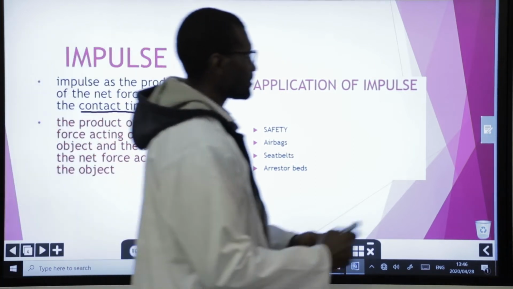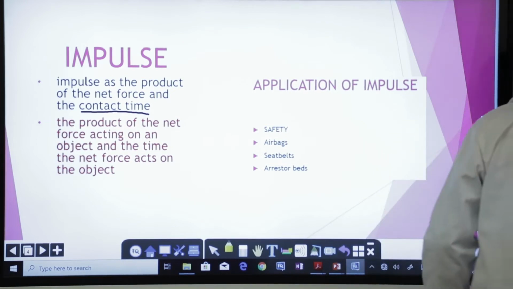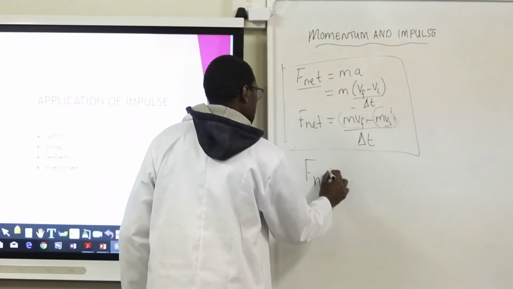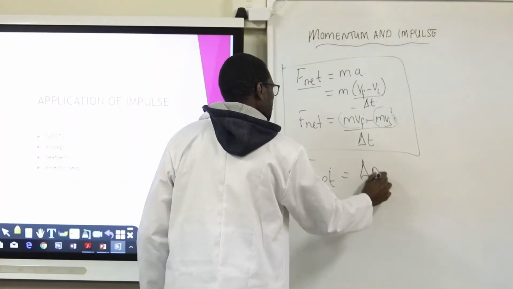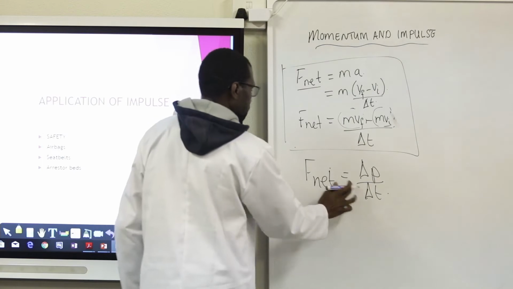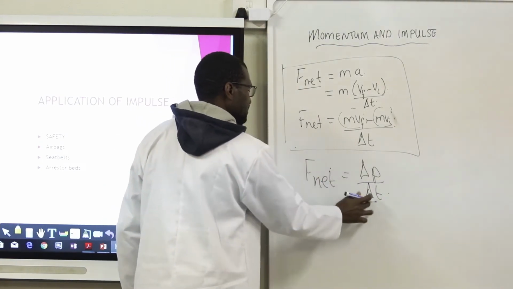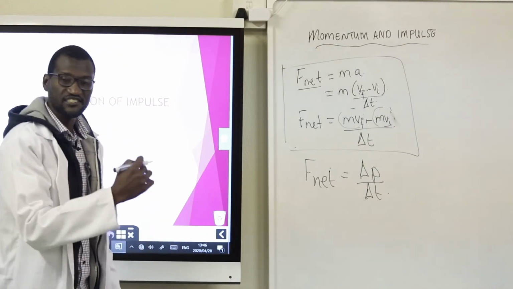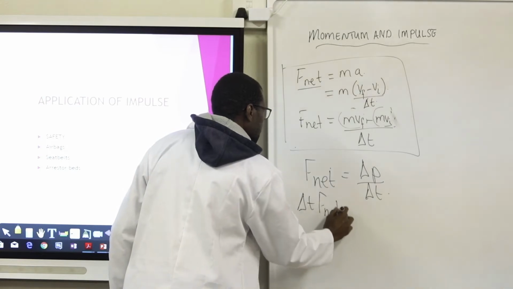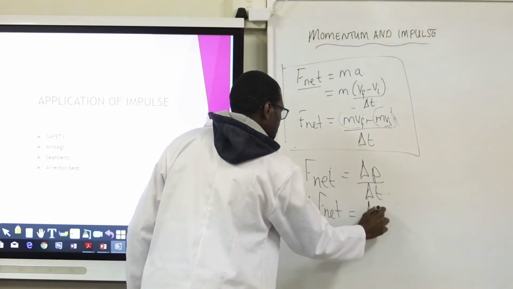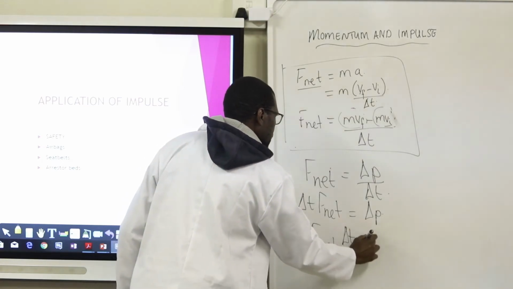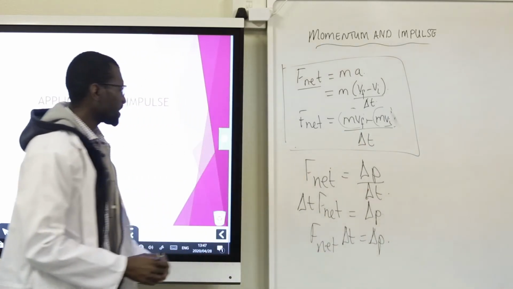If you take the equation that we used before, that says F net is equal to change in P over change in T, and you transpose the change in P, bring it here, multiply by change in T on both sides, it will be change in time multiplied by F net is equal to change in P. Others have it as F net times change in T is equal to change in P. It still is correct.